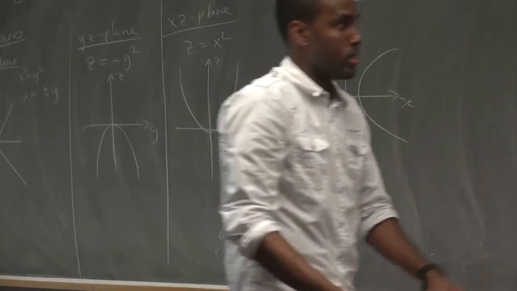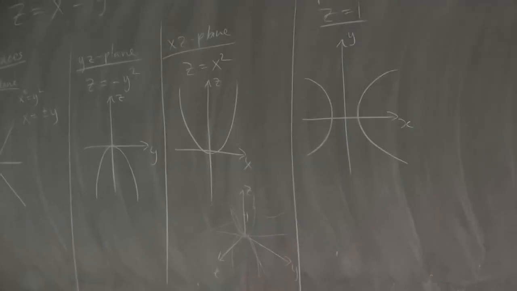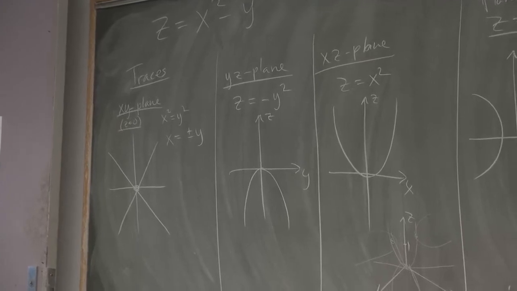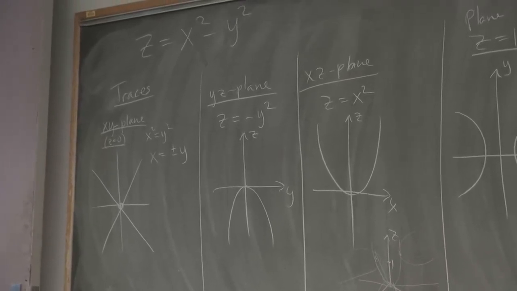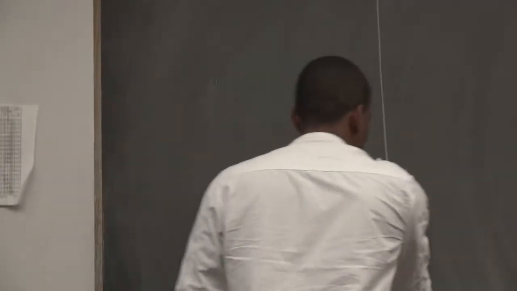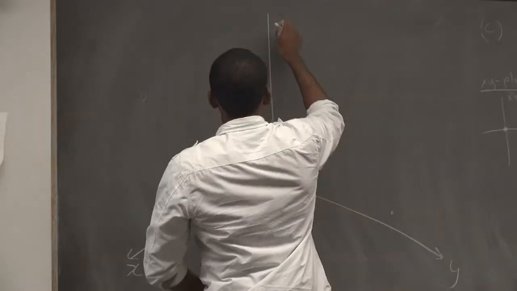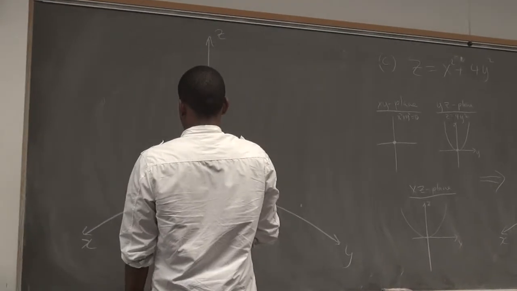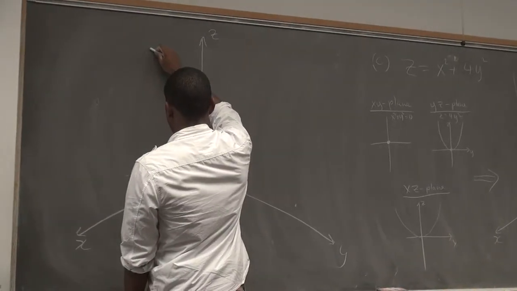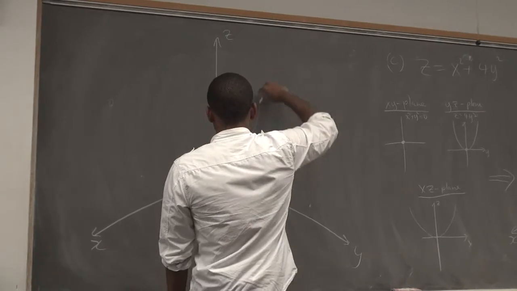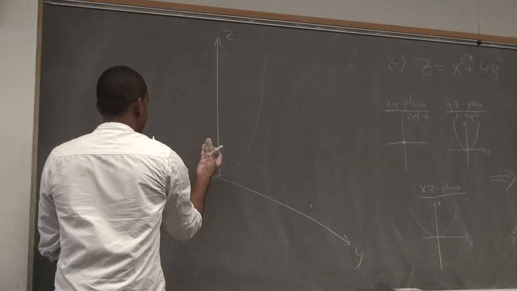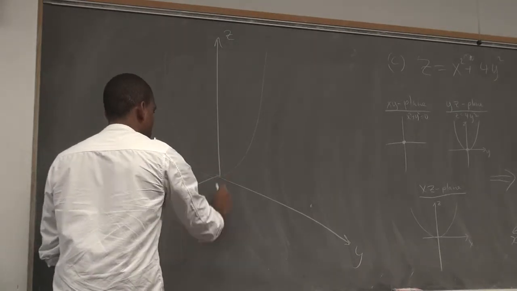So let's actually figure out what this looks like in 3 dimensions. We had a parabola going like this. I know there's another parabola 90 degrees to this one, rotated, going down.